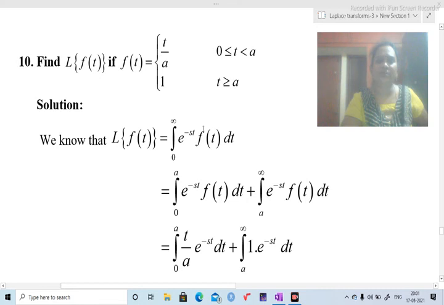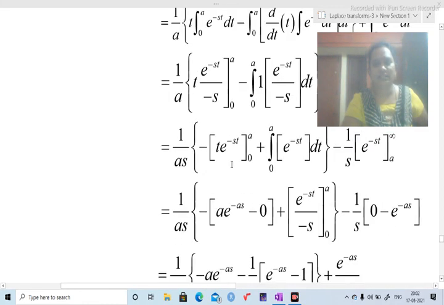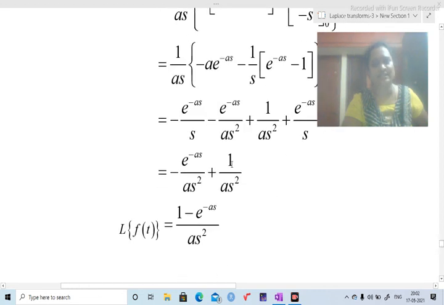Now we are going to split the integration 0 to infinity as 0 to a and a to infinity, and substitute the values of f of t by using the given data. Complete the integration by using integration by parts and substitute the limits and simplify.